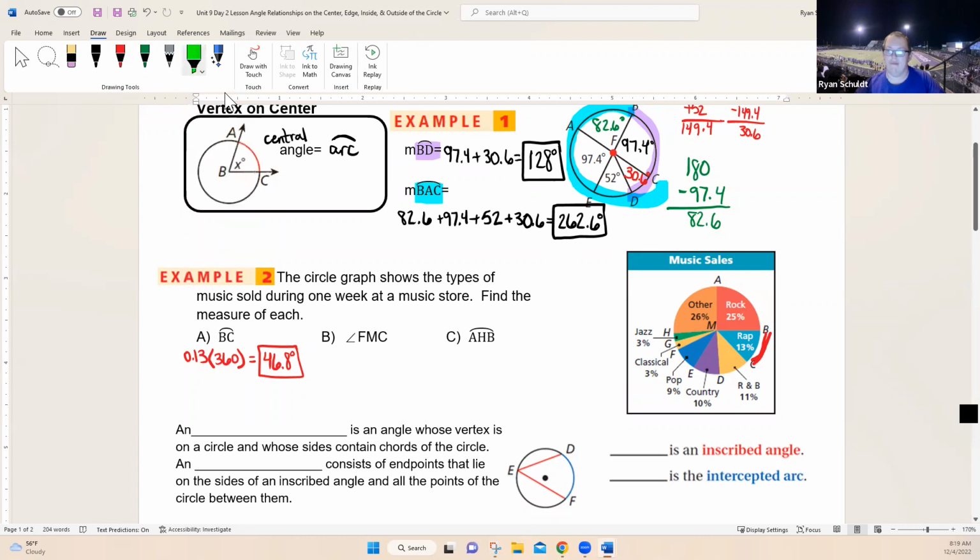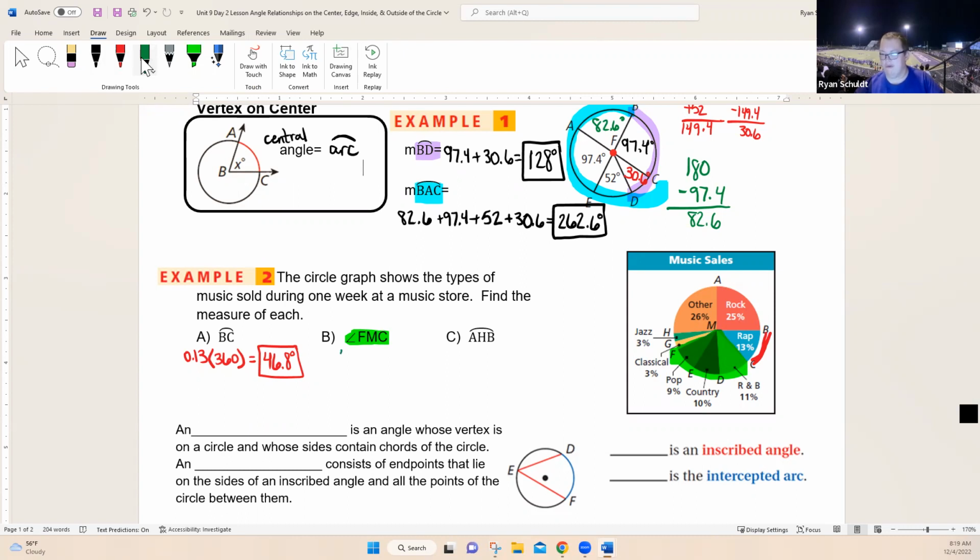Next one asks us about the measure of angle FMC. FMC includes pop, country, and R&B.